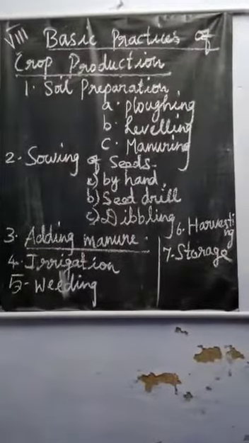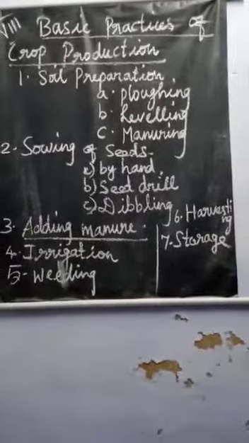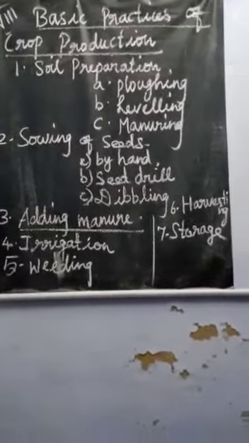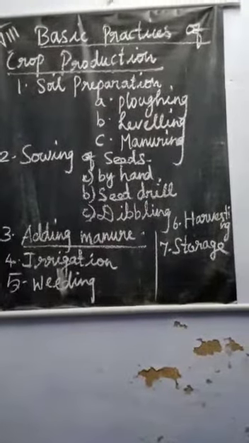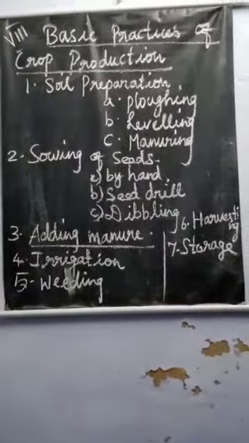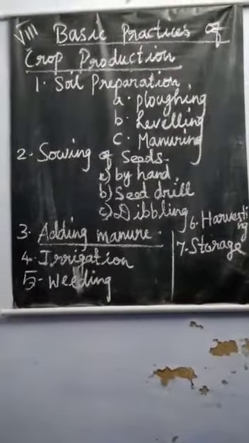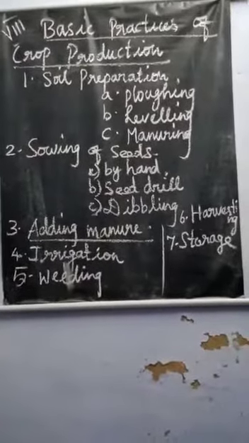The last one is harvesting of crops. Harvesting is cutting and gathering a crop. Different methods are used, manual harvesting and mechanical harvesting. Manual harvesting is the major method of harvesting in India.